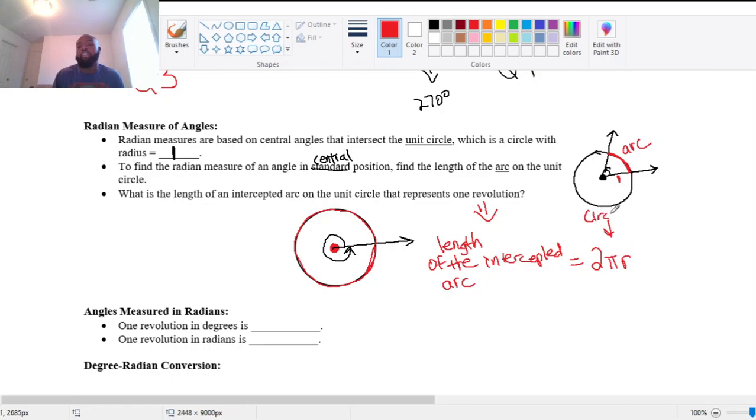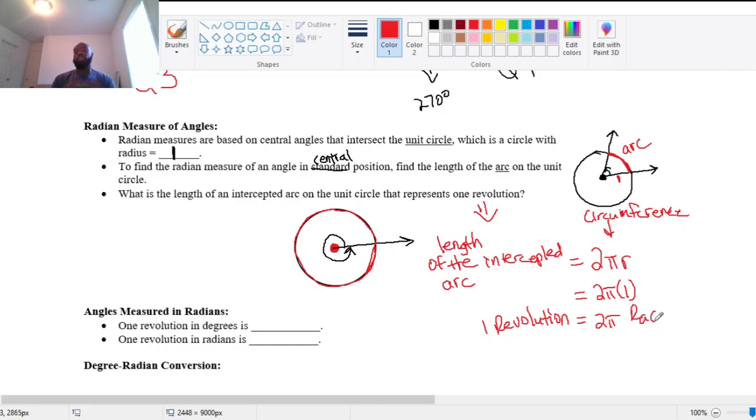This is the circumference. The circumference of that circle is the length all the way around. And since this is our unit circle, we know that our radius is 1 for that circle. So one revolution, which is the length, is 2 pi radians, basically.